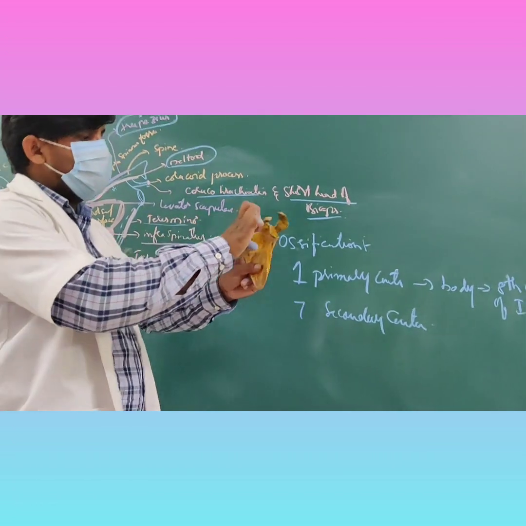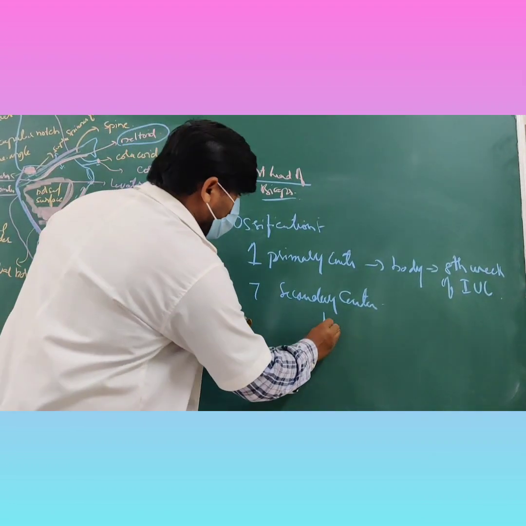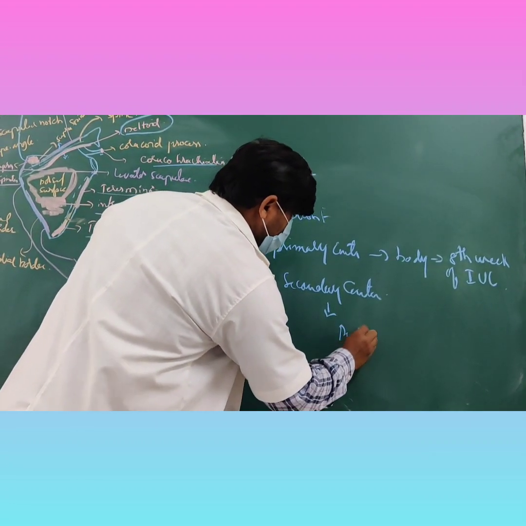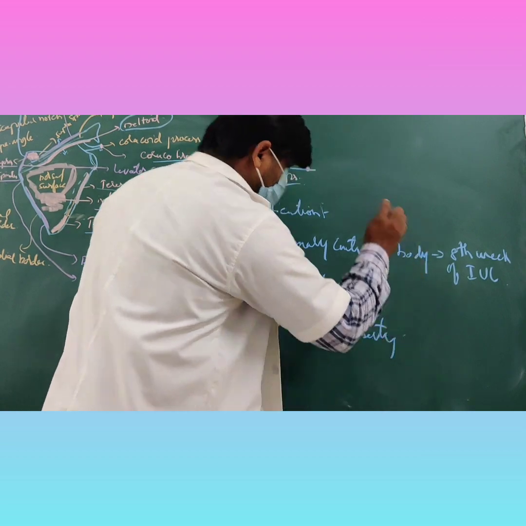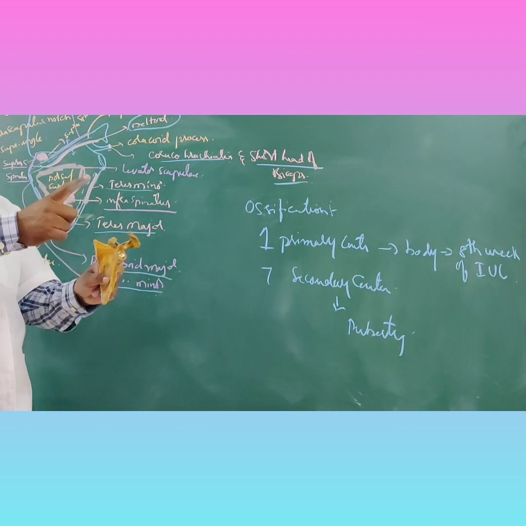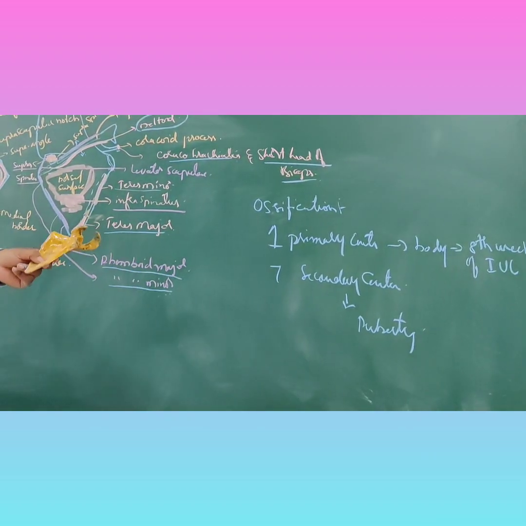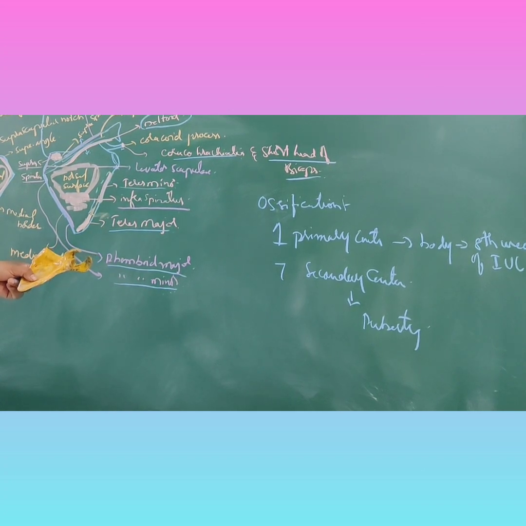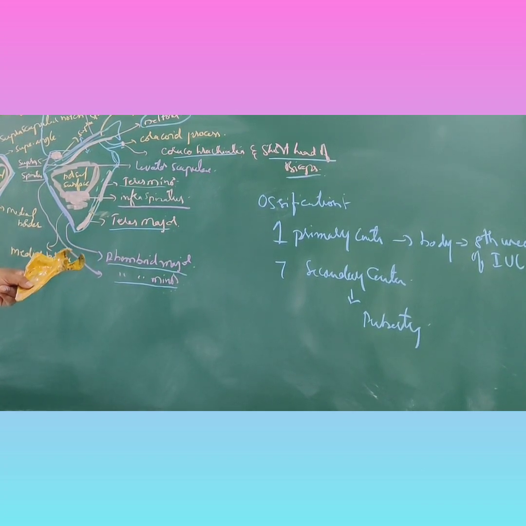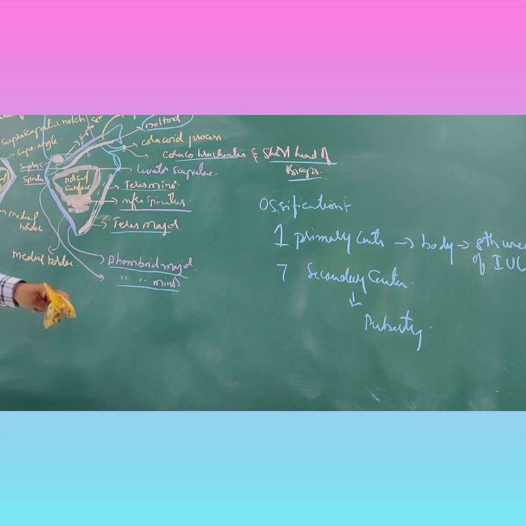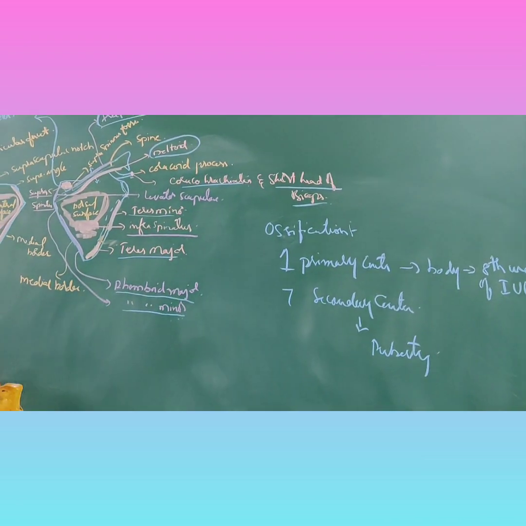They appear at about the age of puberty, for the spinous process, for the coracoid process, and for the other parts of the scapula.